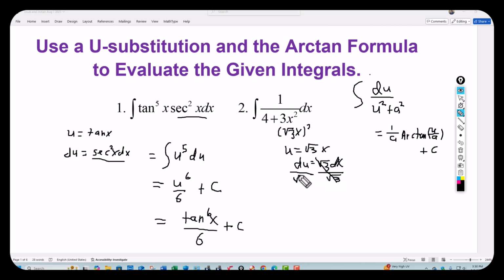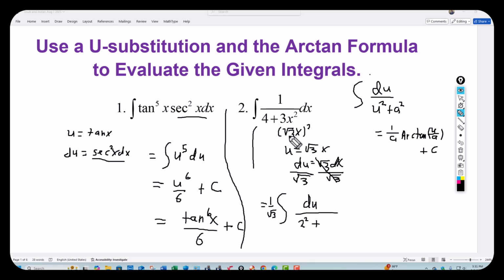Make the substitution here. So the dx here is replaced by du over the square root of 3. I'll put the radical over here, 1 over the square root of 3 outside the integral. And then we've got the 4. You can write that as 2 squared. So it looks like the formula over here. That's your a there.